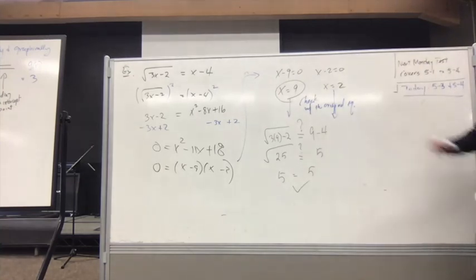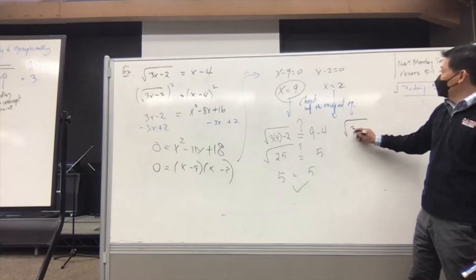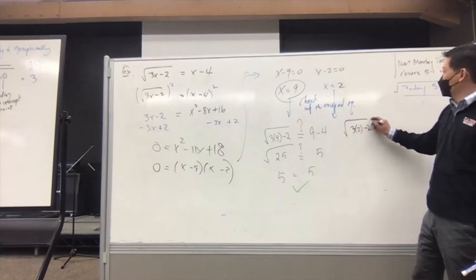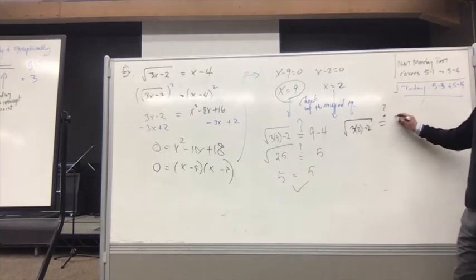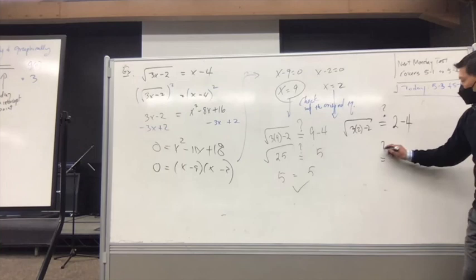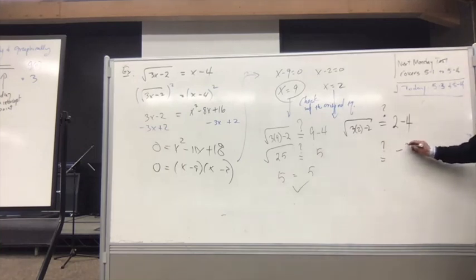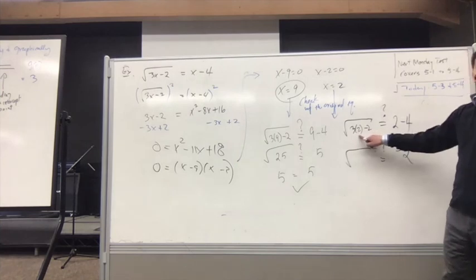Okay, next one. Square root of 3 times 2 minus 2, and then we don't know if it's the same as 2 minus 4. On this side, it is negative 2. On that side, 6 minus 2 is 4.